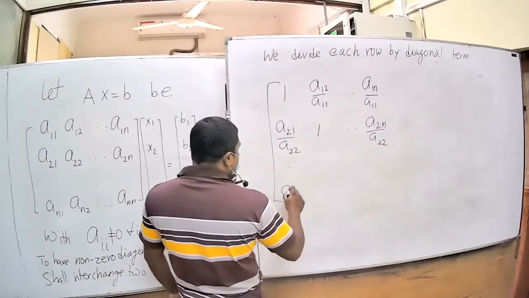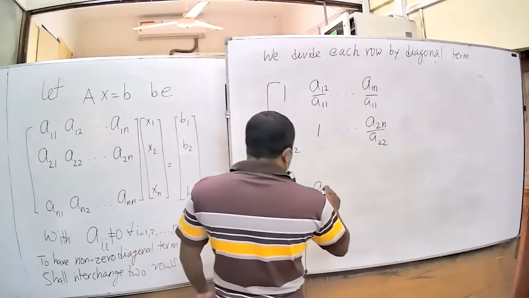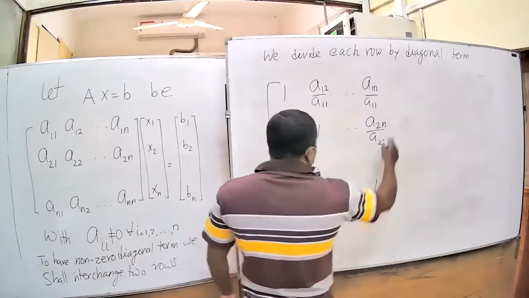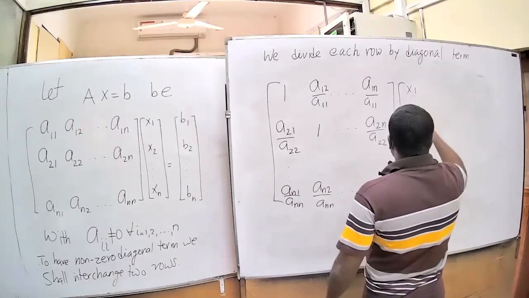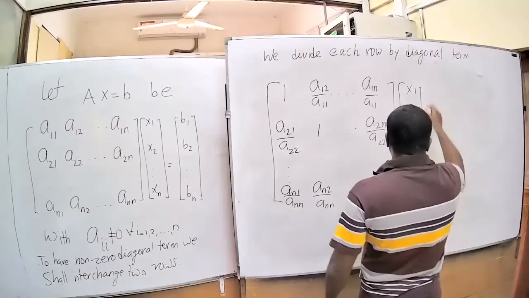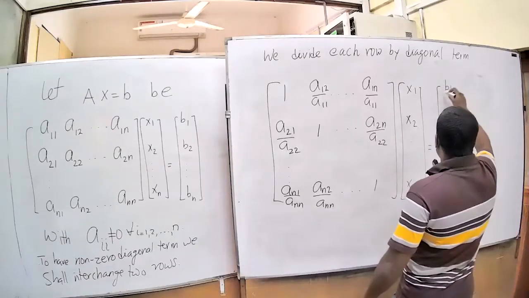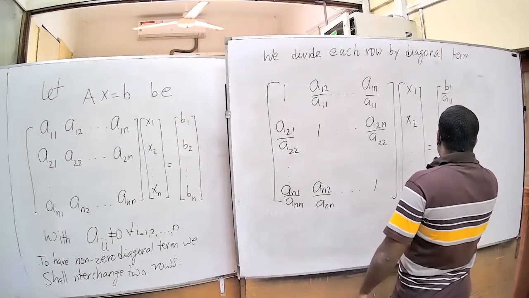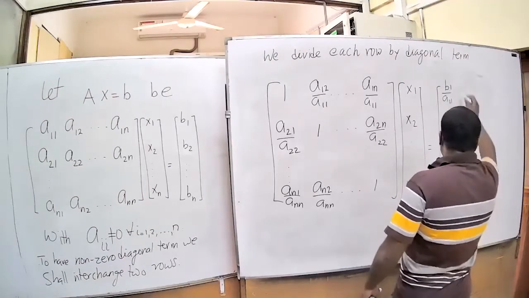And finally a_n1 over a_nn, a_n2 over a_nn, all the way up to 1, times x1, x2, up to xn, is equal to b1 over a11, b2 over a22, all the way up to bn over ann.